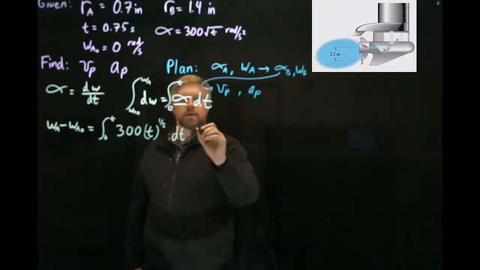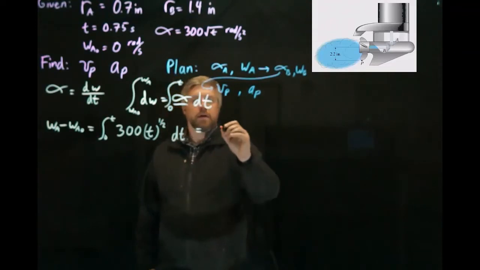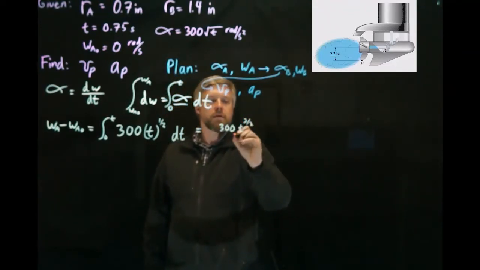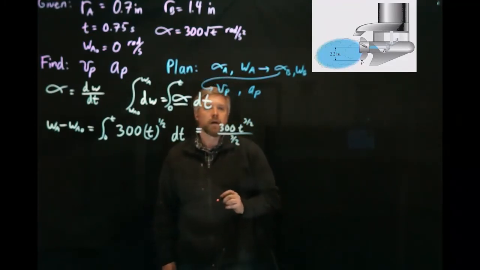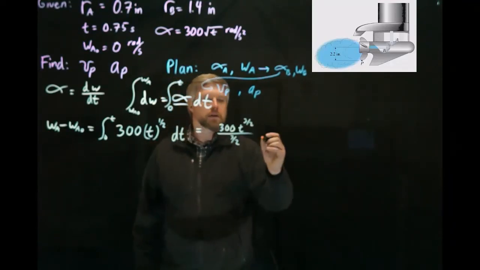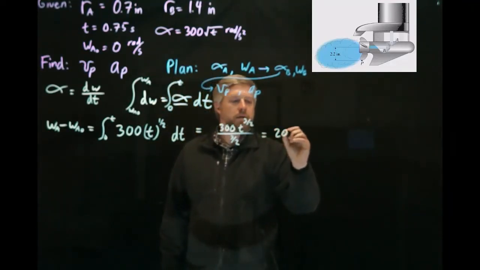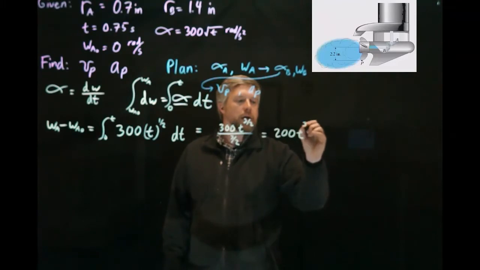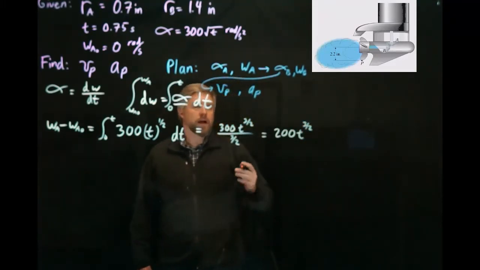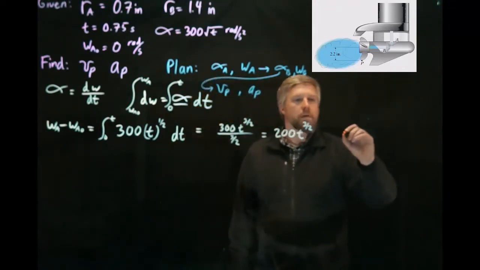And that's going to be equal to 300 over 3 halves. To divide by 3 halves, you invert it and multiply by 2/3, so this ends up being 200. All right, so we actually have an equation for omega A now.